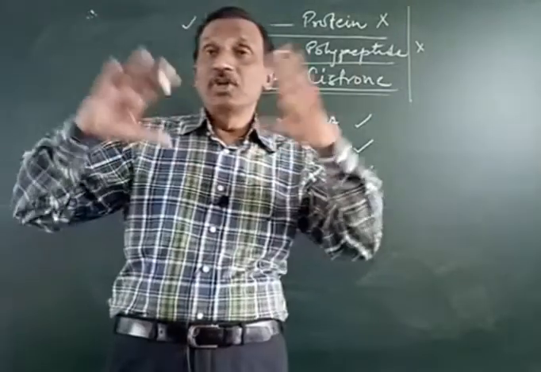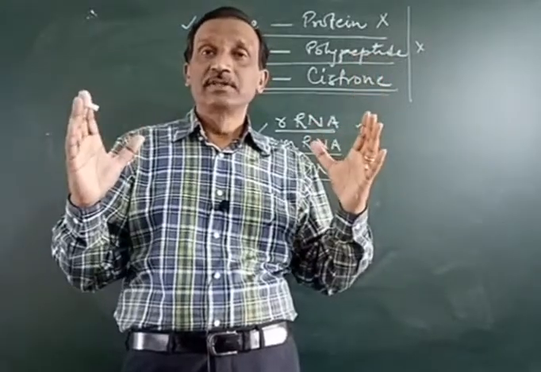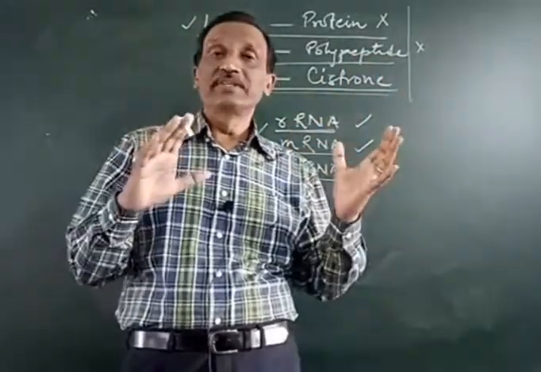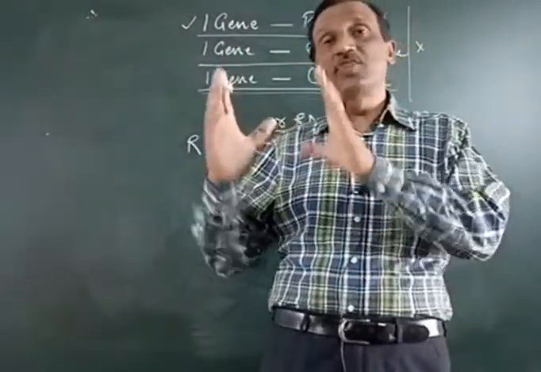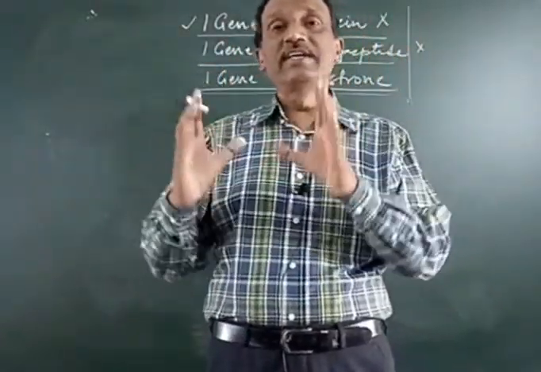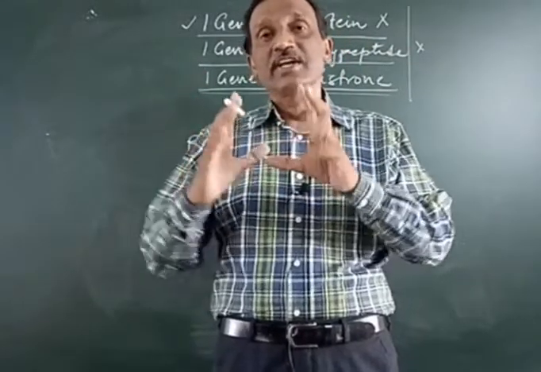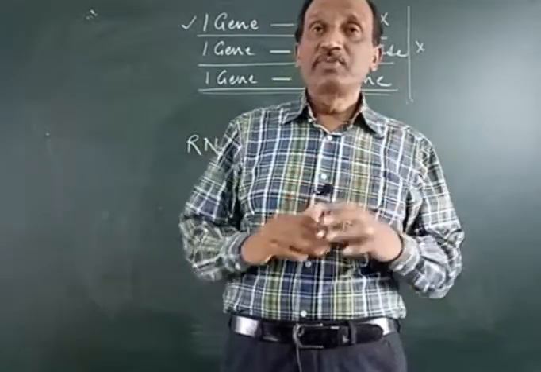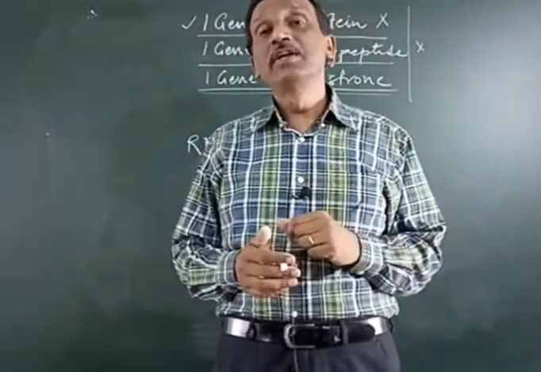So the definition of gene by and large is a very typical task. It differs from place to place. But one thing is clear: a gene is a set of information written on the DNA in the sequence of the nitrogen bases, which will decide what type of RNA or what type of protein it will code for.